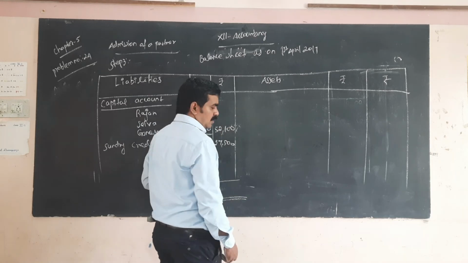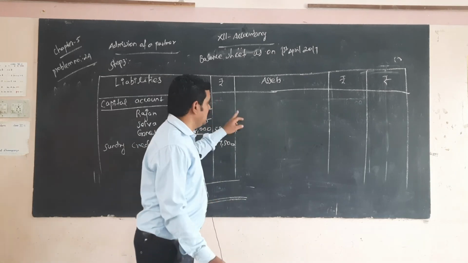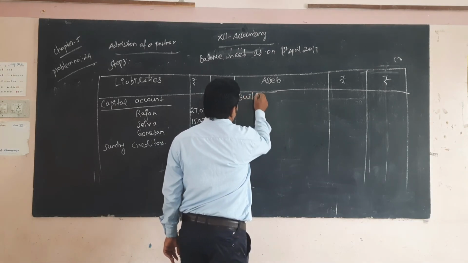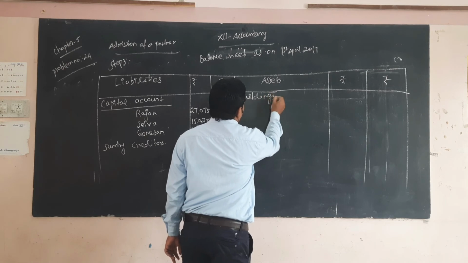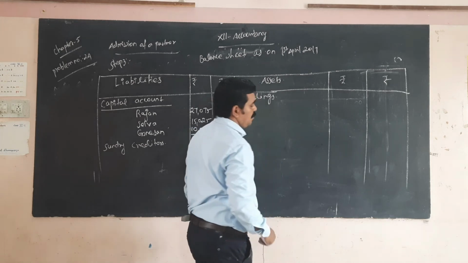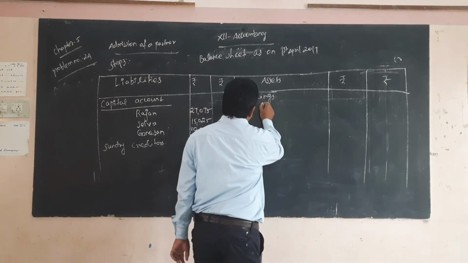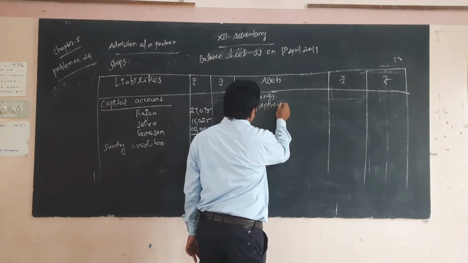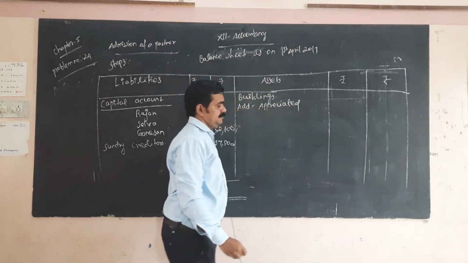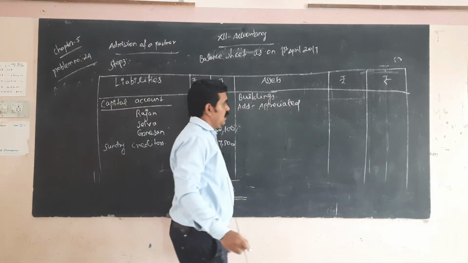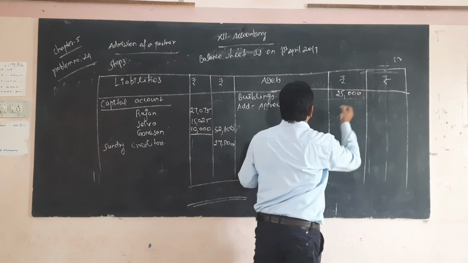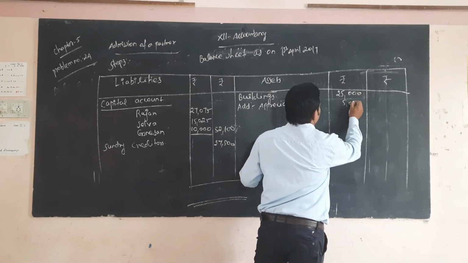Next, on the asset side, first is building, that is appreciated. What is the value? 25,000. What is the appreciation value? 5,000.